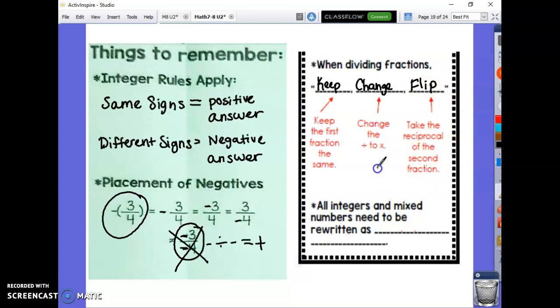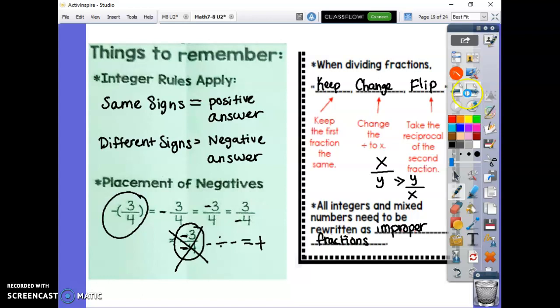So remember, that's when you take your numerator and put it in the denominator, and take your denominator and put it in the numerator. All integers and mixed numbers need to be written as, again, improper fractions. Just like with multiplication, the same rules apply with division.